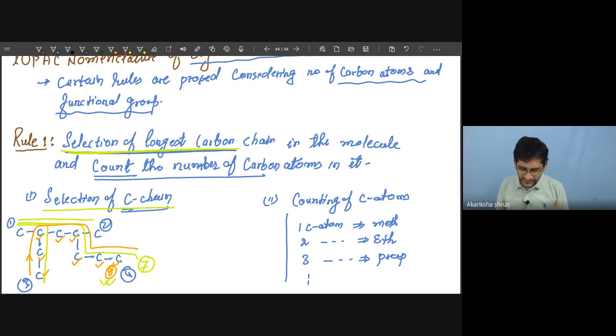Okay, students, after this selection, for whatever other carbons have not come in this chain or path, what to do?